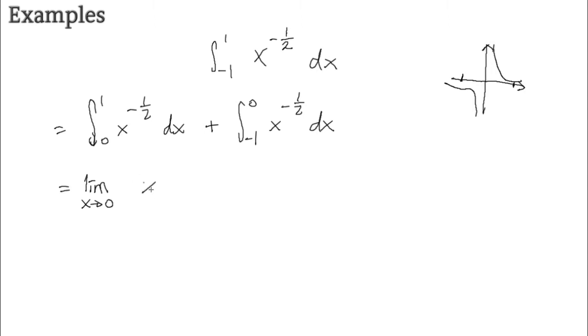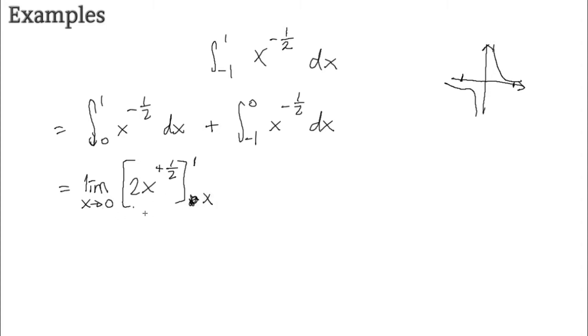We have x to the minus a half, integrated is x to the plus half times 2. With that, we have 1 and a value x.